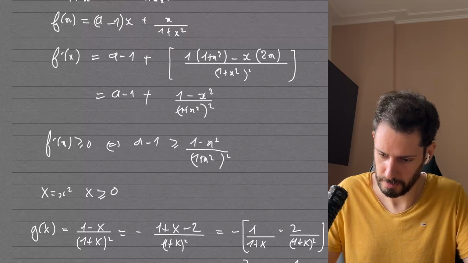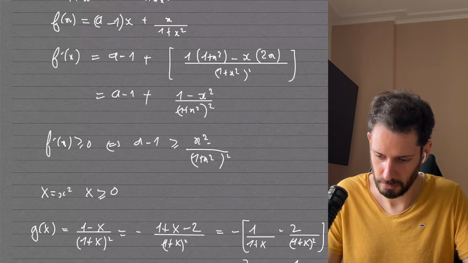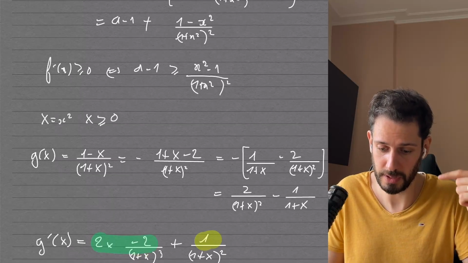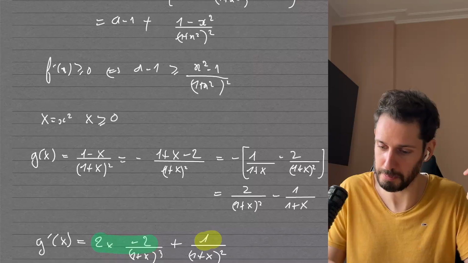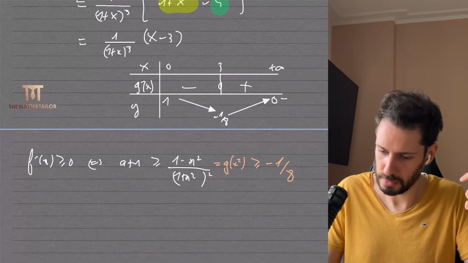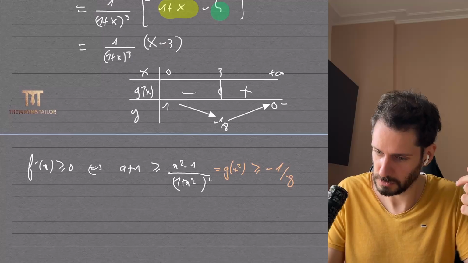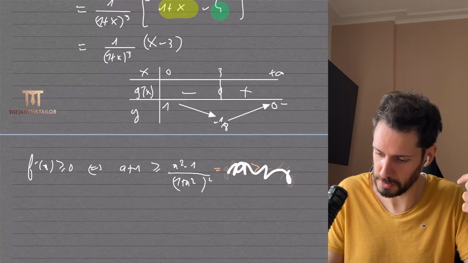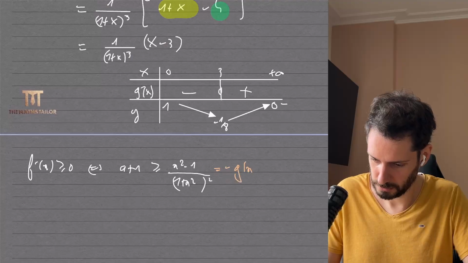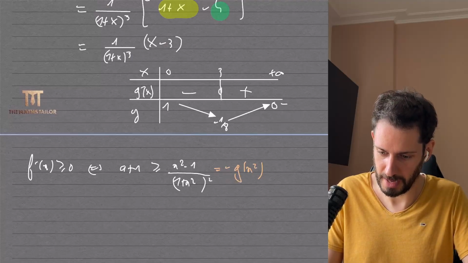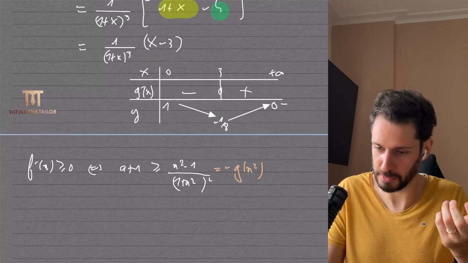bigger than x squared minus 1, like this. And this is really perfect. I think now I have it, because this is minus g of x equals minus g of x squared. And so I know that the maximum value of minus g is 1 over 8.